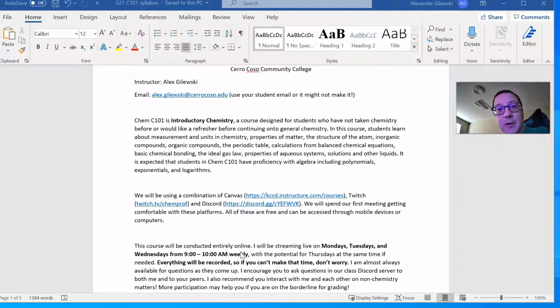Finally, we'll also be using Discord. That's going to be our main place of communication this semester. Whenever you have questions outside of class time, or if you just want to chat with people, or if you have to do your weekly participation, which is a requirement for online courses, that's where you're going to do that. I'll also be posting your lecture notes onto Discord. That's just the easiest place for me to do it.